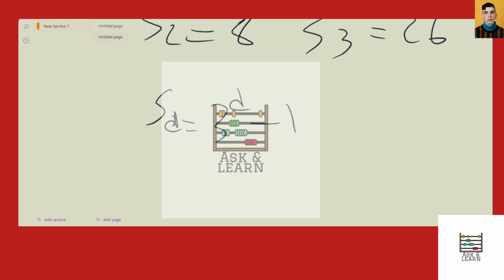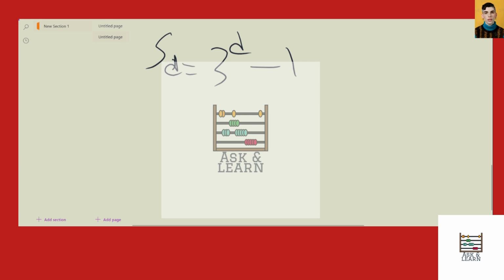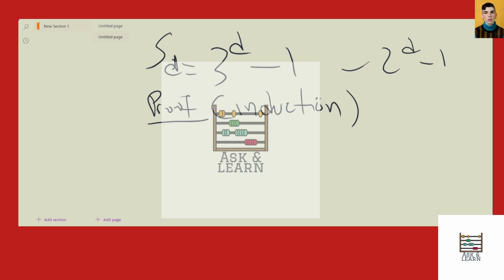So now all we have to do is prove that this formula actually works for all numbers of disks. So we're going to prove this by induction. And it's going to be similar to a proof of showing that it's 2 to the D minus 1 for a regular game.